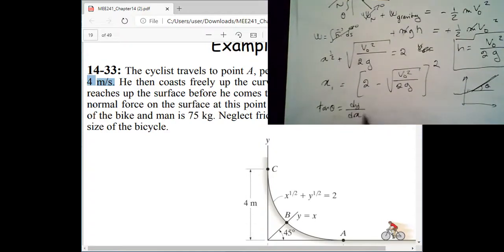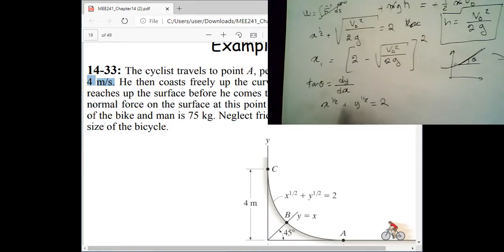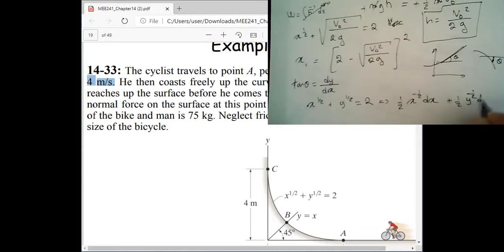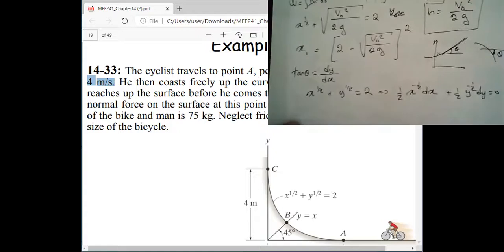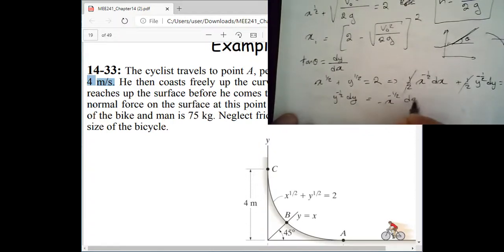So how do I find dy over dx? Well, let's actually start from x^(1/2) plus y^(1/2) is equal to 2. If I want to I can simply differentiate that. It's going to be 1 over 2 x^(-1/2) dx plus 1 over 2 y^(-1/2) dy is equal to 0, right? So 1/2 and 1/2 will actually cancel out. I get y^(-1/2) dy is equal to minus x^(-1/2) dx.